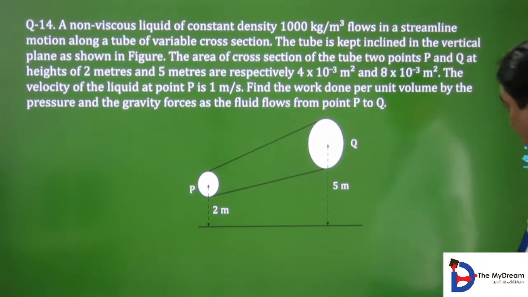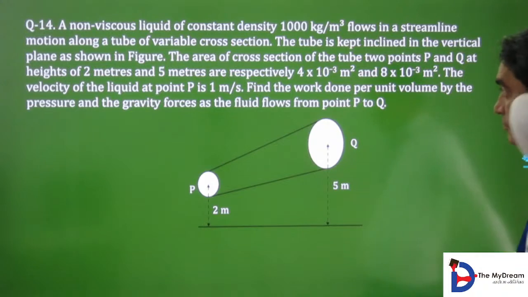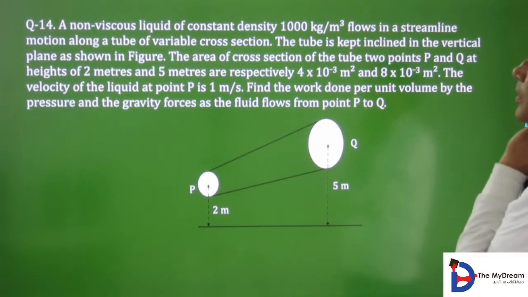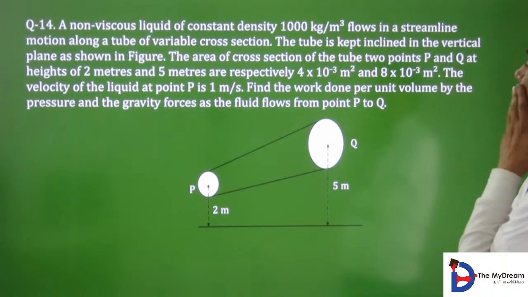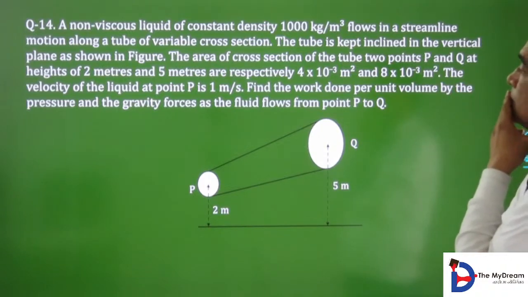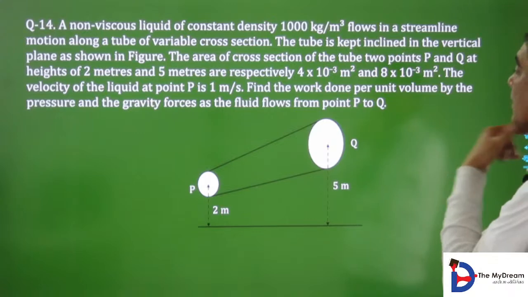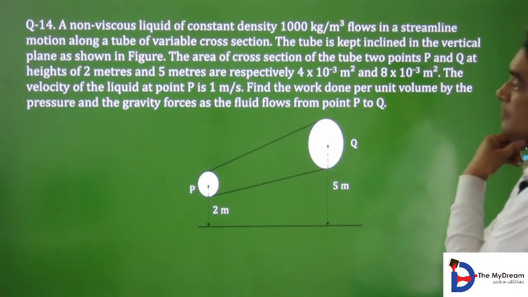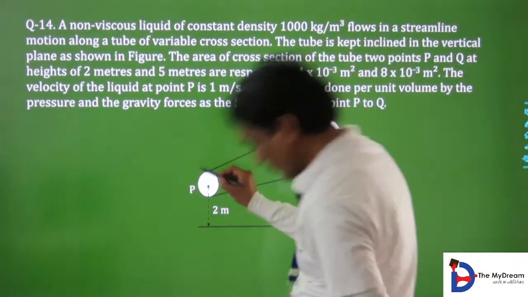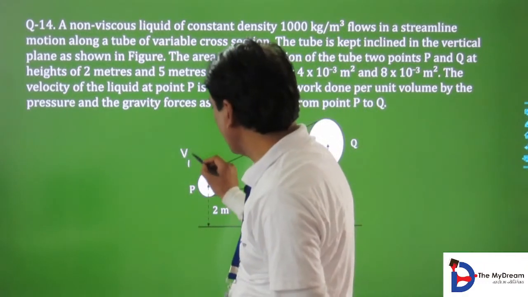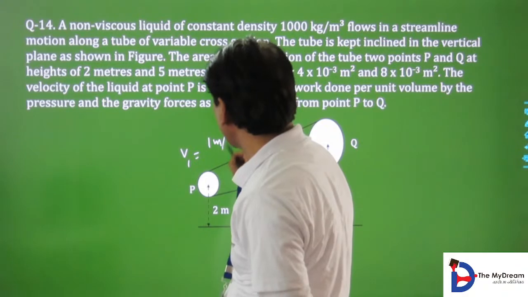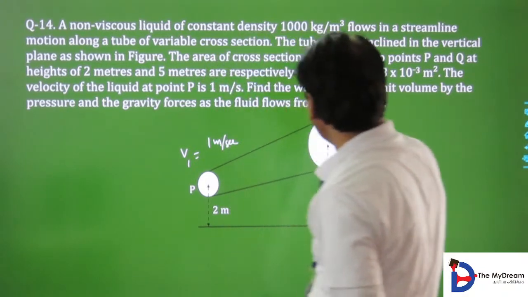Areas are given to you. The velocity of the liquid at P is 1 meter per second. But you don't know the velocity at the section Q. Here V1 is given to you, that is 1 meter per second. But V2 is unknown.